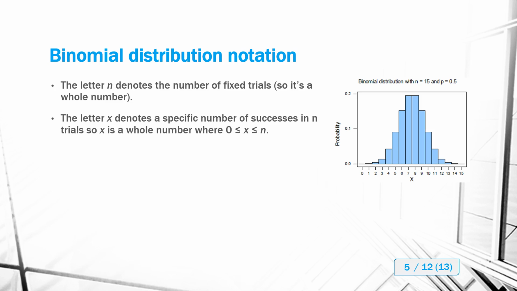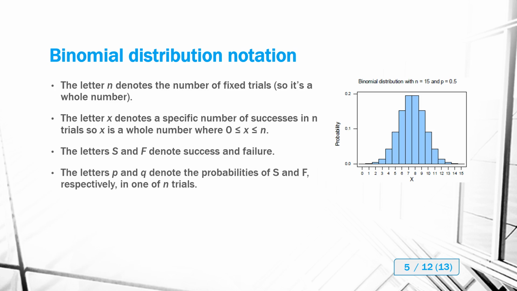The lowercase letter x will denote a specific number of successes in n trials. So x is also a whole number, and it can be anywhere between 0 and n inclusive. The uppercase letters S and F we will use to denote success and failure. And then the lowercase letters p and q are the probabilities of success and failure in one of n trials.